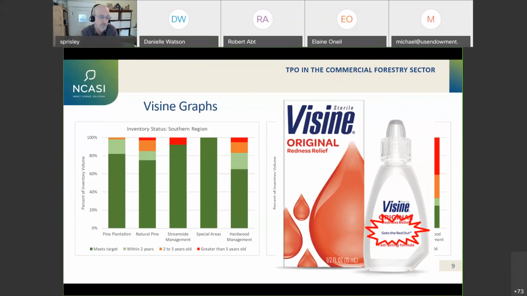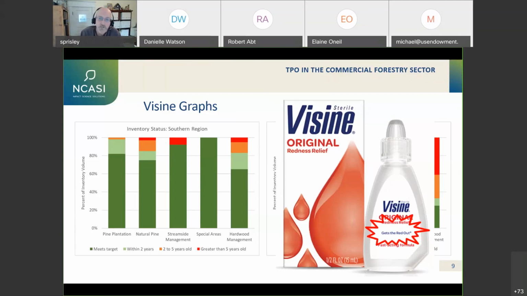And division management made it clear that we would get the red out. And the week after this meeting, I started getting phone calls from the regional inventory leads saying, hey, we need to talk about accelerating our re-inventory schedule. So by documenting the source of our uncertainty in a neutral and objective way, we were able to start focusing attention on resolving the issue. And yes, we caused some discomfort, but we did get results.